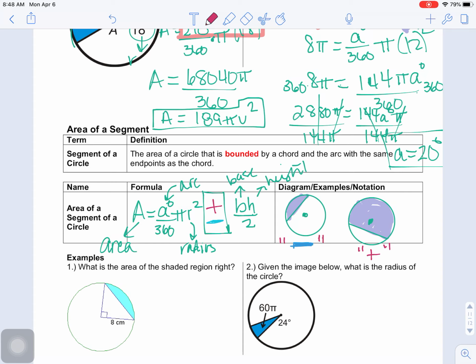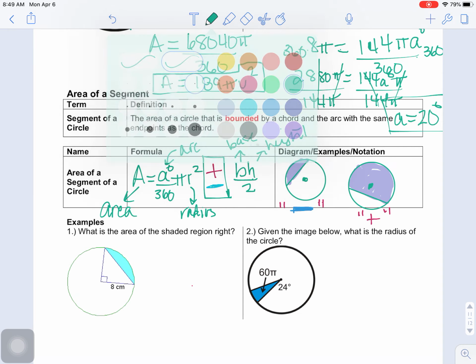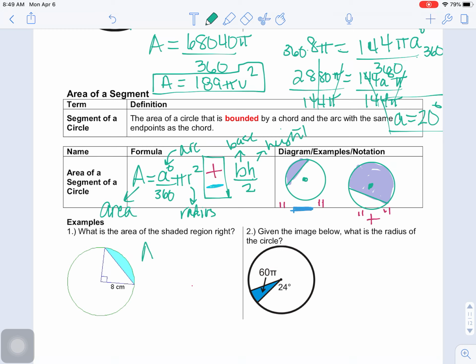Looking at the first example, it says, what is the area of the shaded region to the right? So I'm looking at my circle. I know I have to use this formula that I've been given, and I'm noticing that the segment that we're looking at is very small. So I know that as I write it out, I will be subtracting the area of a triangle.